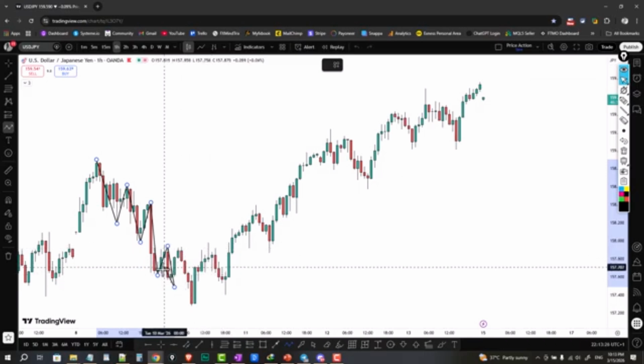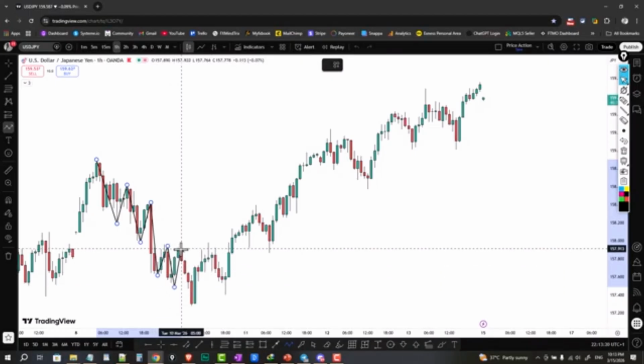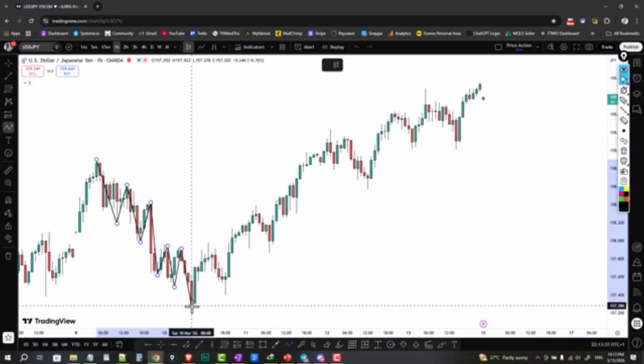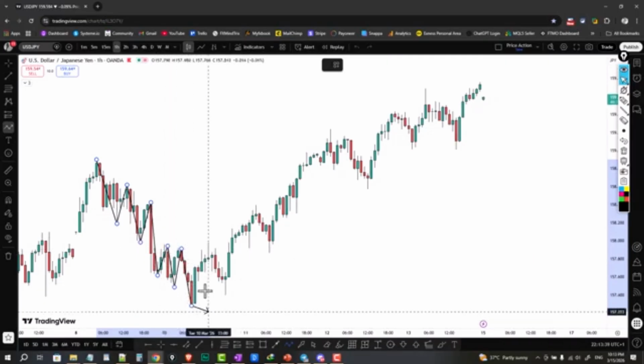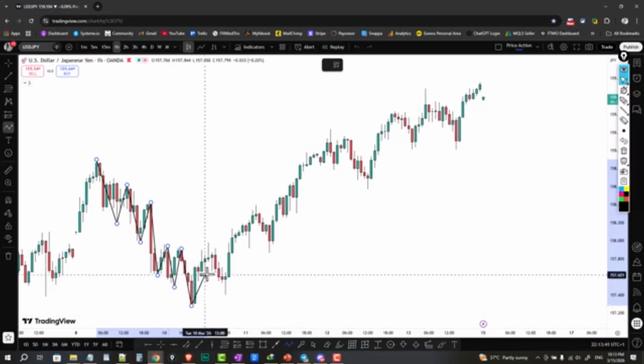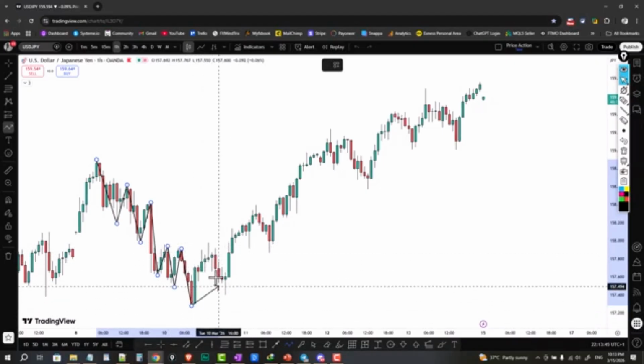But you can see that even though price was forming lower lows, the lower highs were increasingly getting closer and closer to the lower lows. And then all of a sudden, after price printed this low, it couldn't even continue printing lower lows.